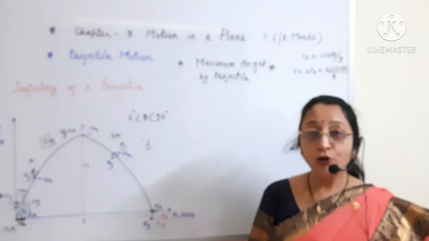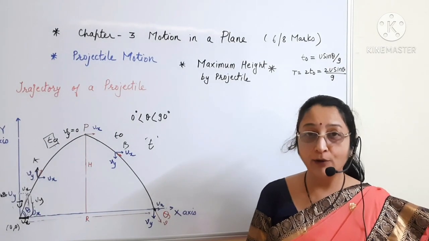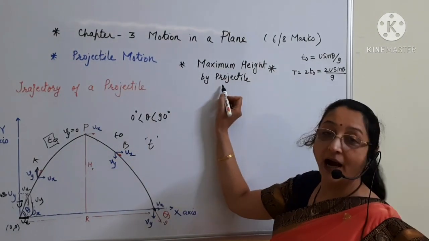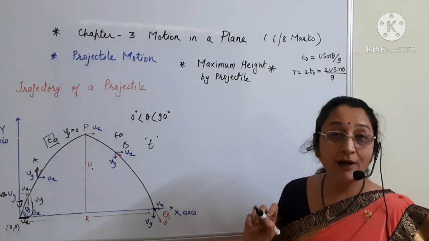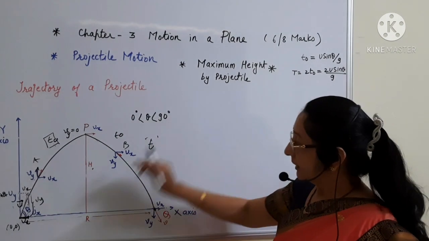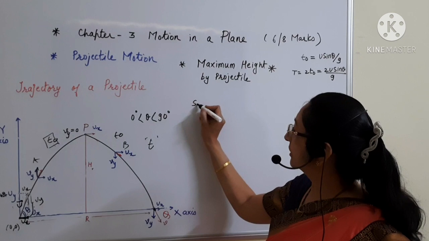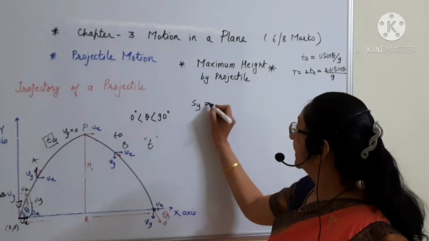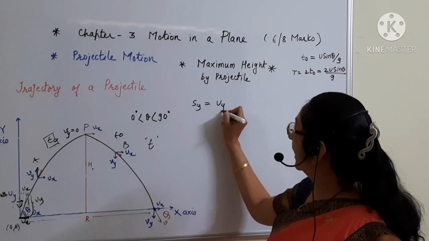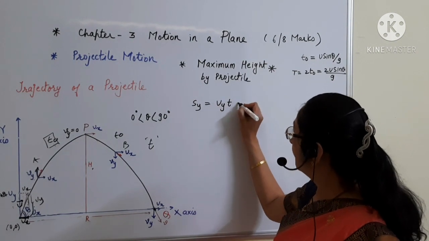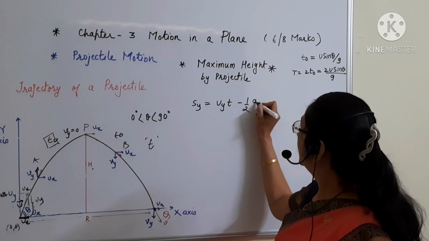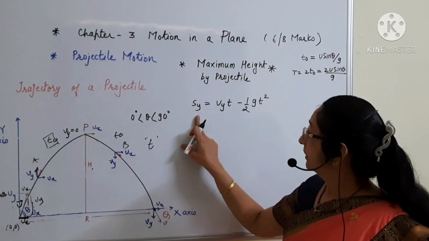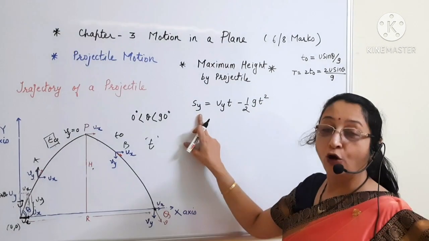Now we want to find the formula for this h. We have the displacement along the y direction, the formula we derived in the last lecture, Sy is equal to uy t minus half g t square. This is equation 1, the formula of the displacement along the y direction.